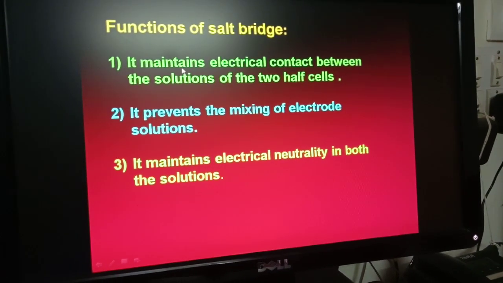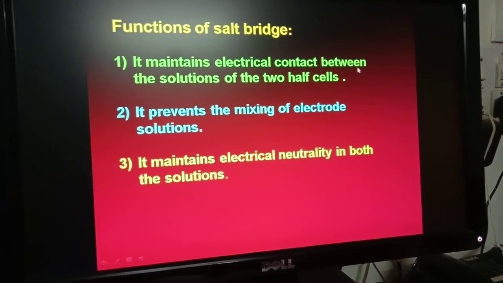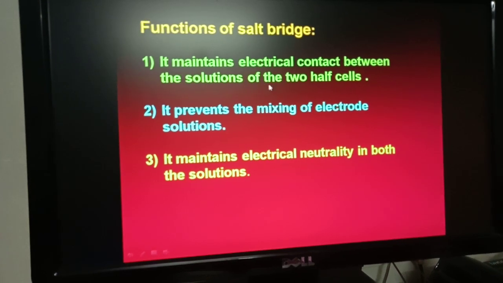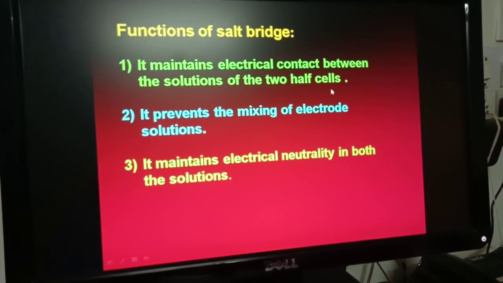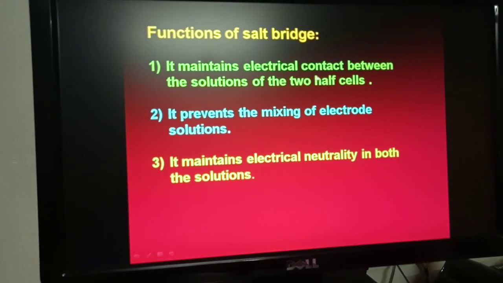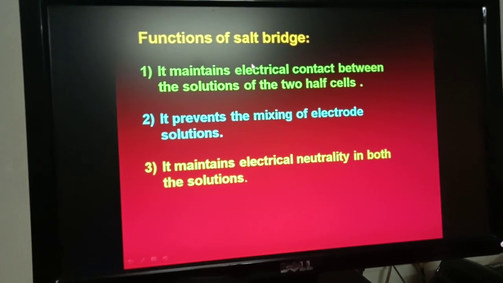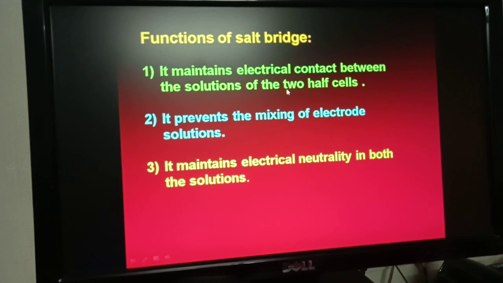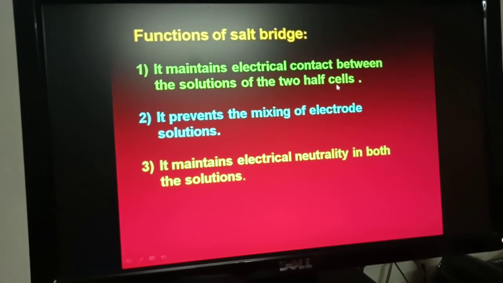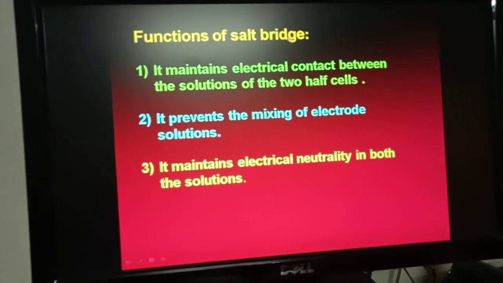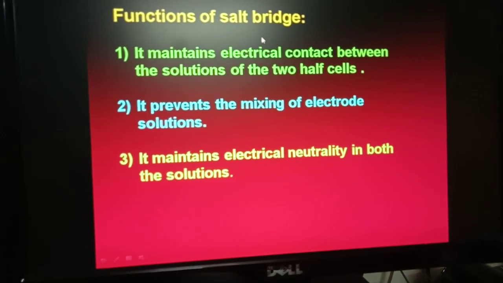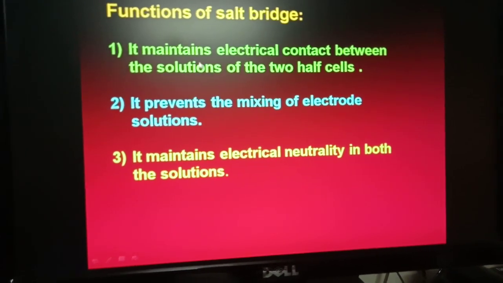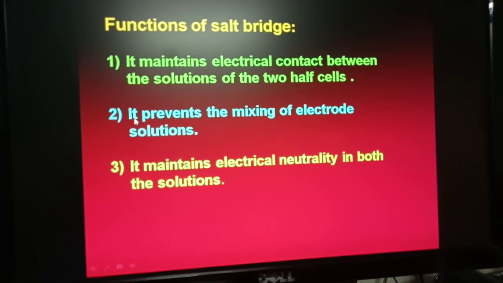One is it maintains electrical contact between the solutions of 2 half cells. In order to provide electrical contact between the 2 electrolytes taken in these 2 half cells, we require to use a salt bridge. If salt bridge is removed, the potential drops to 0.